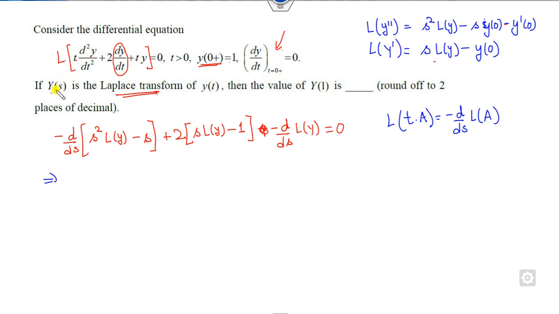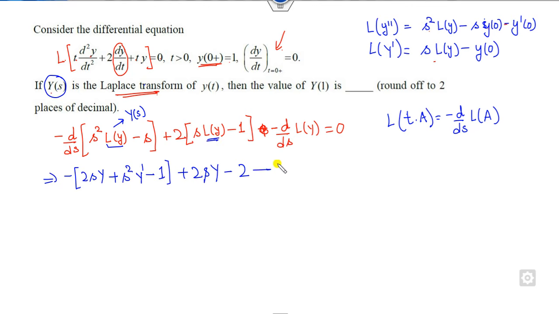Now what is given to you? Y of s is the Laplace transformation of this. Now you can take that derivative with the product rule: 2s y plus s square y dash minus 1 plus 2s y minus 2, where this is y, so it is y dash.